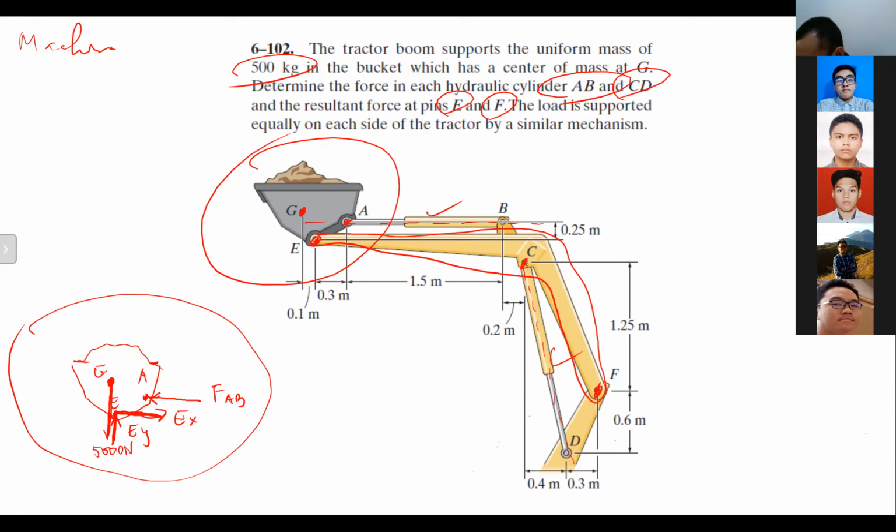So we try to solve sigma moment at E first. Sigma moment at E equal to 0. What do we have there? We have 5,000 newtons multiplied by 0.1 meters.